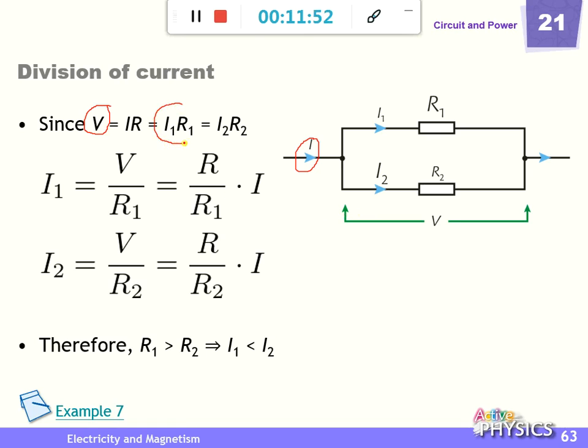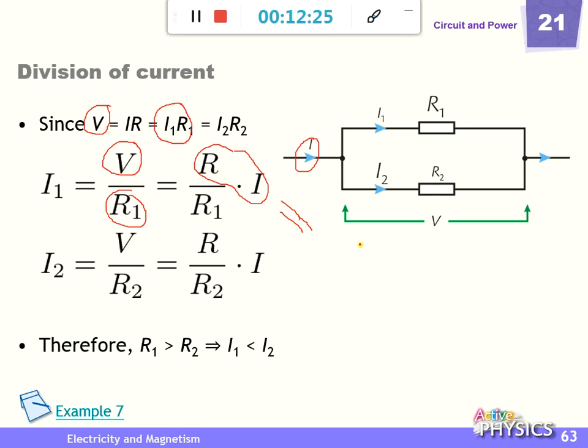And then try to find out current I. Current I should be the common PD over R1. But what's the common PD? Common PD should be IR, and this R will be the equivalent resistance. Actually, you can write it like this. What is R?